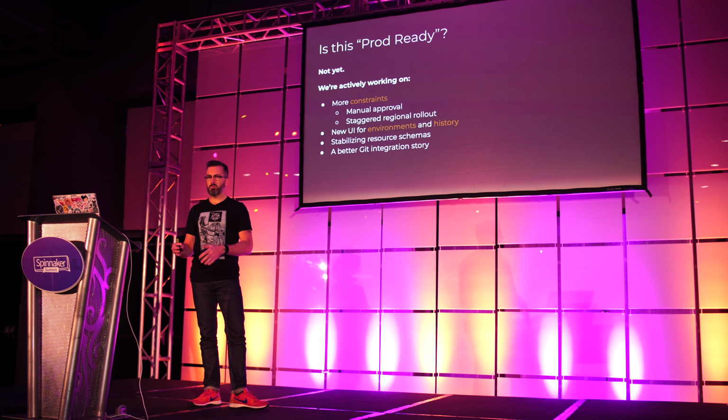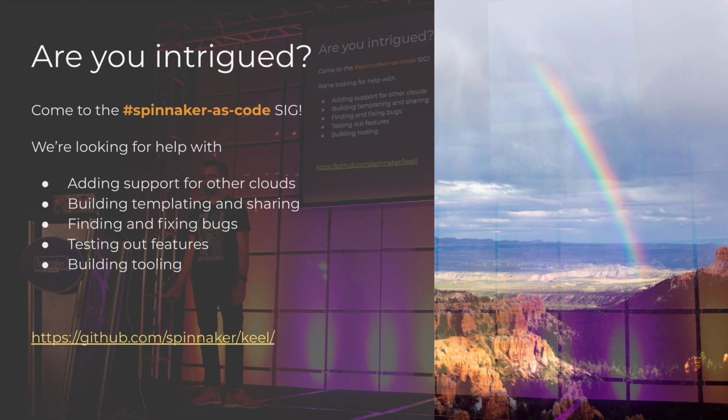And right now, we're still tweaking that, and we'd like to be able to get that pinned down before we really say it's production ready. And we'd like a bit better Git integration story. Right now, we're using Spinnaker's Git trigger to track changes to delivery configurations or resource definitions, and then run a little task that will submit that to Keel. That could be a little tighter, but it works.